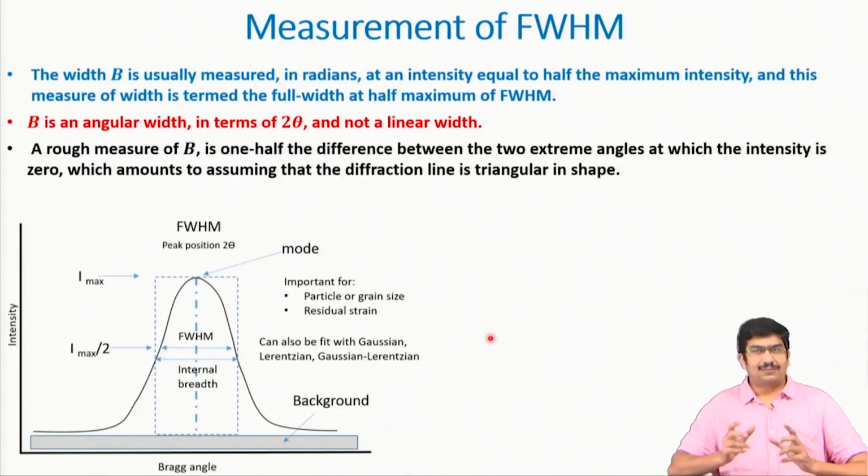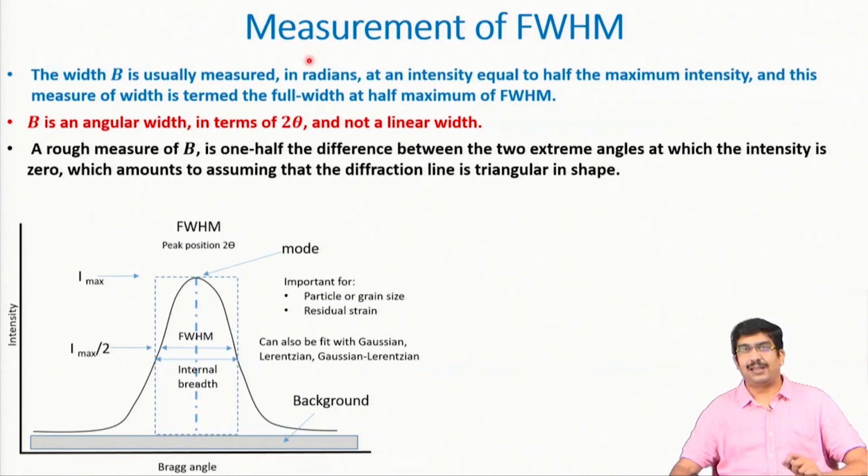As I said, the effect of these defects is mostly seen in the broadening of the peak. Instead of a line function, the peak takes a different shape and can be fitted with different functions, and usually it becomes broadened, its size increasing along the 2 theta axis. The way this is measured is called FWHM, full width at half maximum.